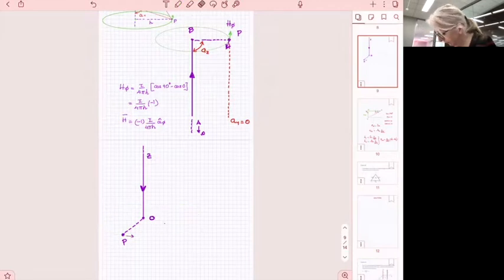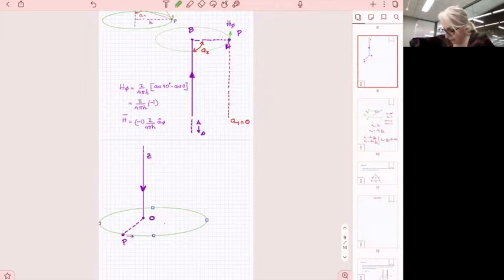But if I were to do that, if it goes down, the direction for this would be the opposite of that one. So it would be like this. Right? It has to be like that.